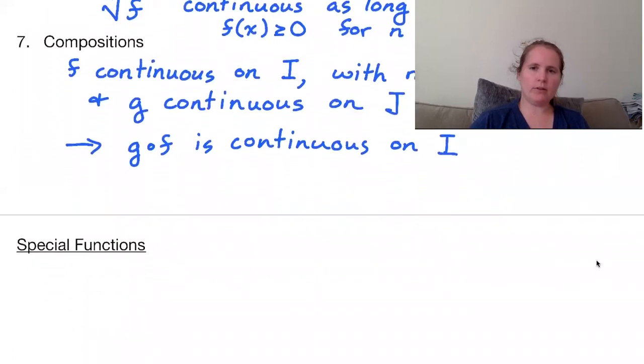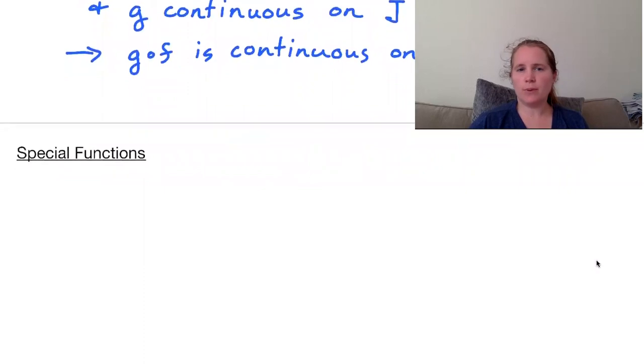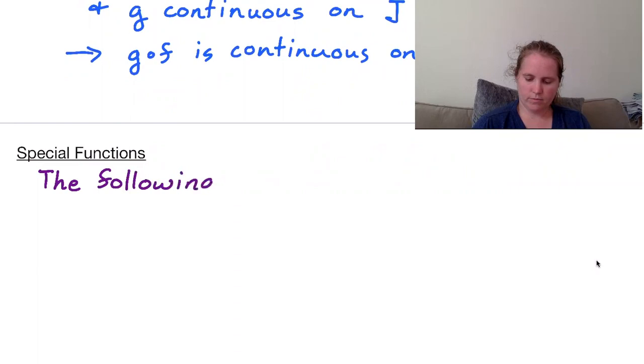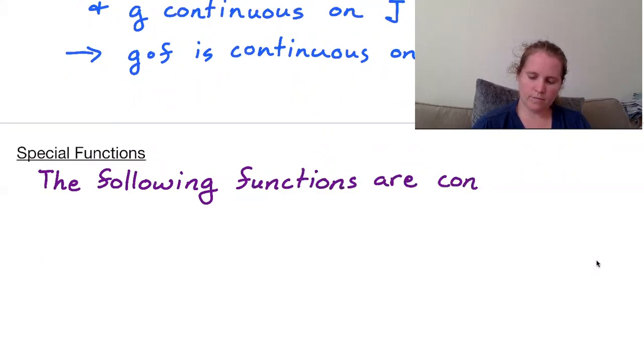And from here, we're going to look at some special functions which will pop up regularly. So first, let's go with the following functions. They are continuous on their domains.